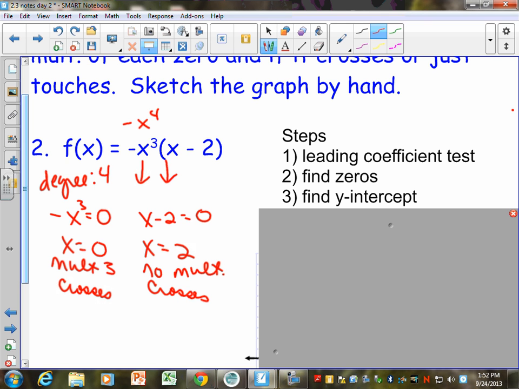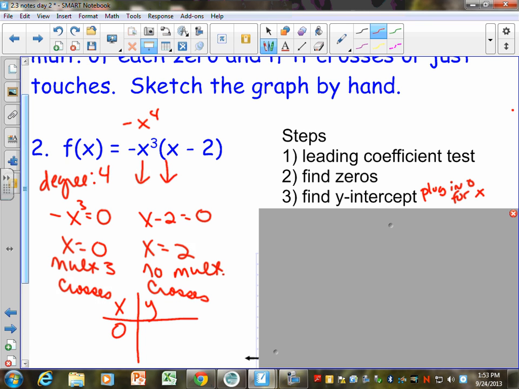Y-intercept is like a free point on your graph, because to find the y-intercept, all you do is plug in 0 for x. And so usually, if you plug in 0 for x, you can get the answer pretty easily. I just usually make that into an xy chart, because I might have to find other points too. So if I'm going to find the y-intercept, I'm going to plug in 0 for x.